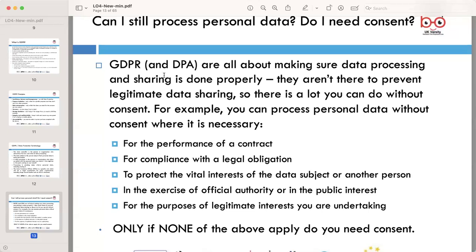Performance of a contract: processing is permissible if it is necessary for the performance of a contract. Compliance with legal obligations: processing is justified when it is required to comply with legal obligations. Protection of vital interests: processing is allowed to protect the vital interests of the data subject or another individual.